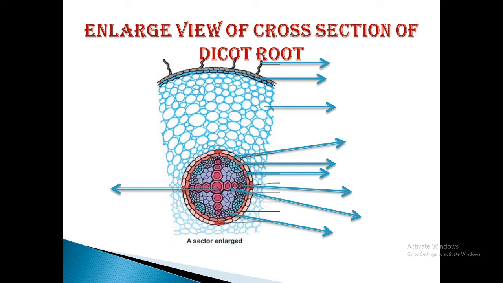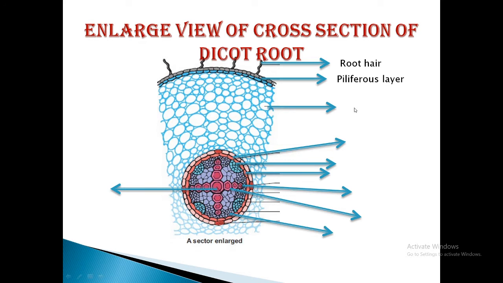If you take the TS of a young dicotyledonous root, it shows the epidermis. Epidermis means the outermost layer. But in the root region, this epidermal layer is known as the piliferous layer.